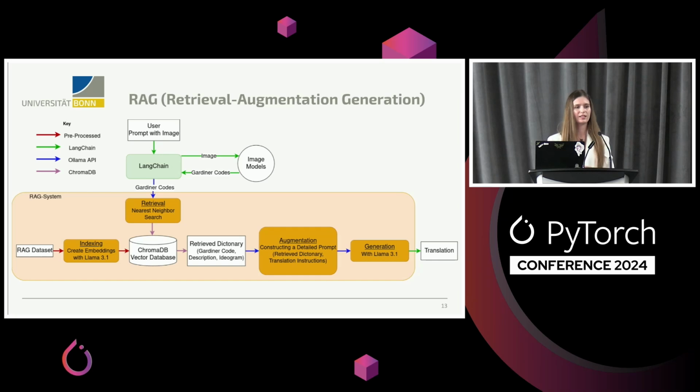This information is then being passed to the augmentation stage, where I constructed a detailed prompt containing the received dictionary and a detailed translation instruction that tells the model to emphasize the meaning of the hieroglyphs rather than linguistic accuracy. This prompt is then being passed into Llama 3.1 and it returns a translation.